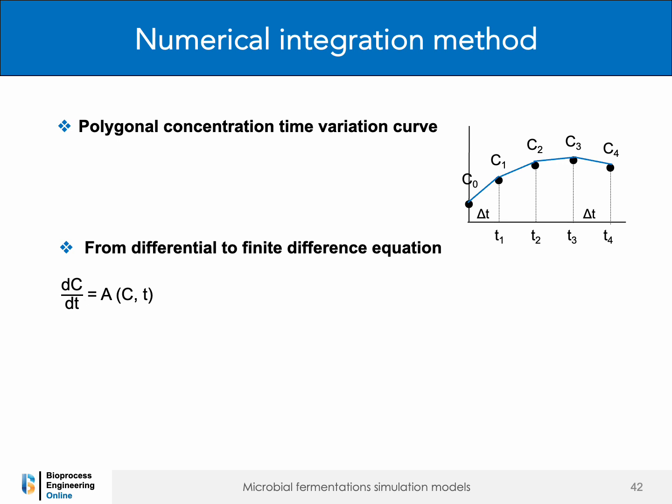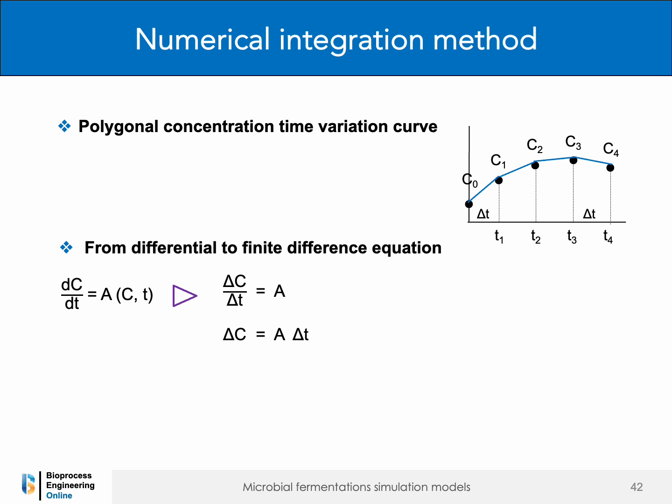The differential equation is transformed into a finite difference equation by dividing the timescale t into incremental time steps of length delta t. The derivative dC over dt is then approximated by the ratio of the concentration variation delta C to the time step delta t, and the differential equation then becomes delta C over delta t equals A, or delta C equals A delta t.